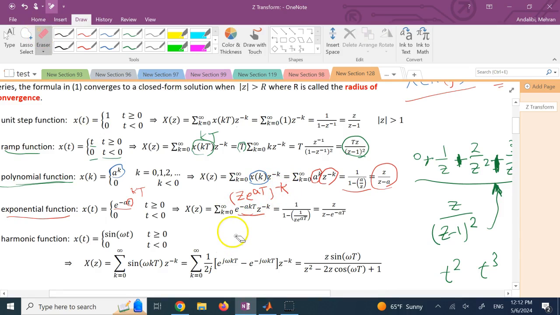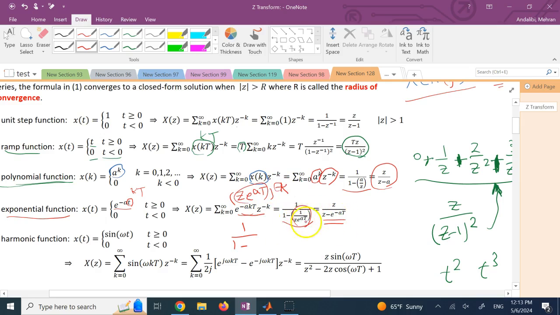So the summation will converge to what? 1 over 1 minus that guy, which is that. Okay, because this is like negative 1 to the k, right? So it's going to be this term to that negative 1, which you can see here. And if you simplify it, this is your result.